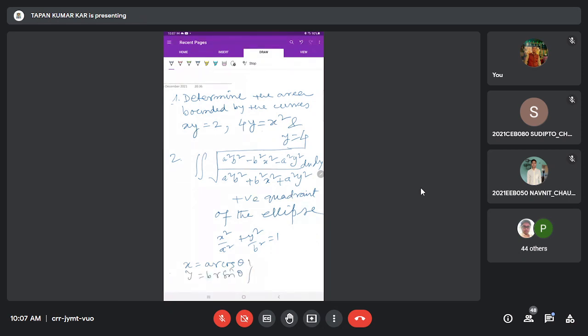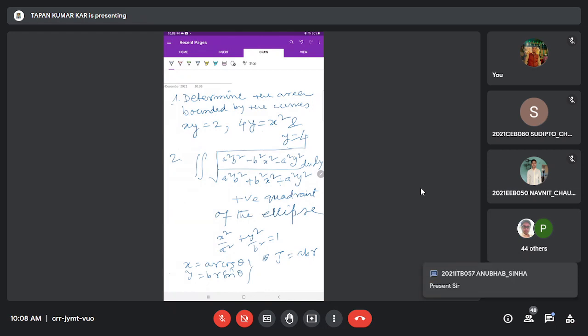Then you don't have to do two transformations separately. Here the Jacobian will be a b r instead of r.